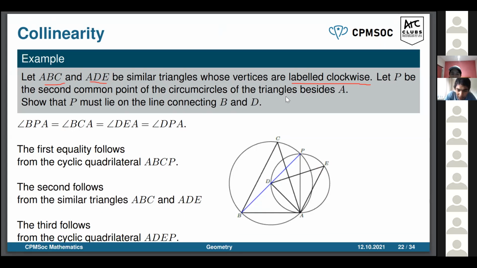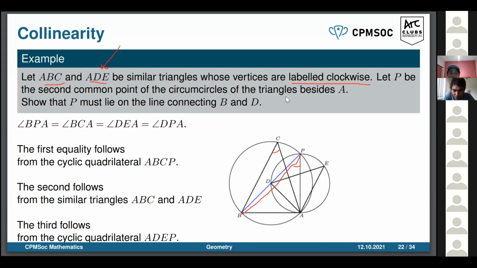So another part we have to be careful about is you can pretend BPA is now a completely different line. So BPA is still the same as BCA. Now we can use the similar triangles ABC and ADE.